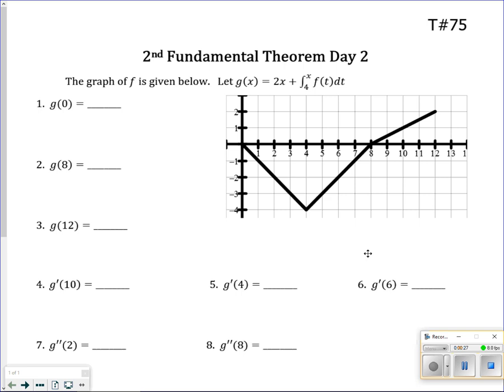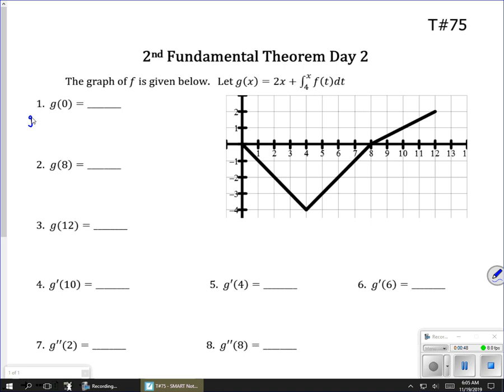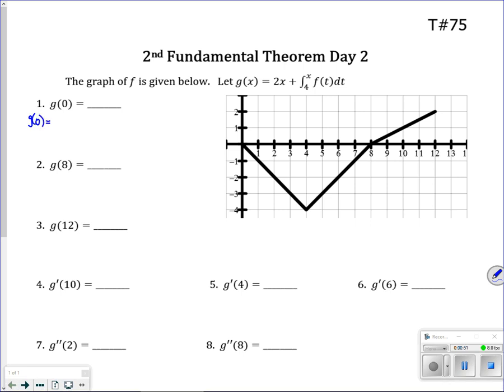So if you remember from yesterday, we're going to be finding these things, and remember that g of is you're plugging in for x. So if you plug in, for example, 0, you are going to have g of 0 equal to, I'm going to plug in a 0 for every x, so 2 times 0 plus the integral from 4 to 0 of f of t dt.